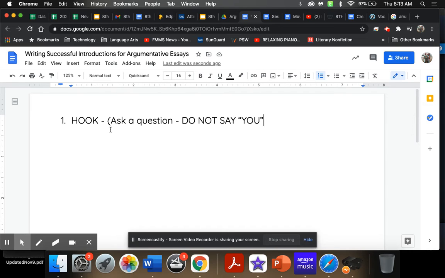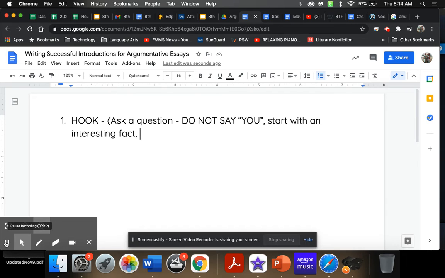What are some other ways that we can hook a reader? Yes, another way you can do that is to start with an interesting fact. What's another way? You could use a statistic.